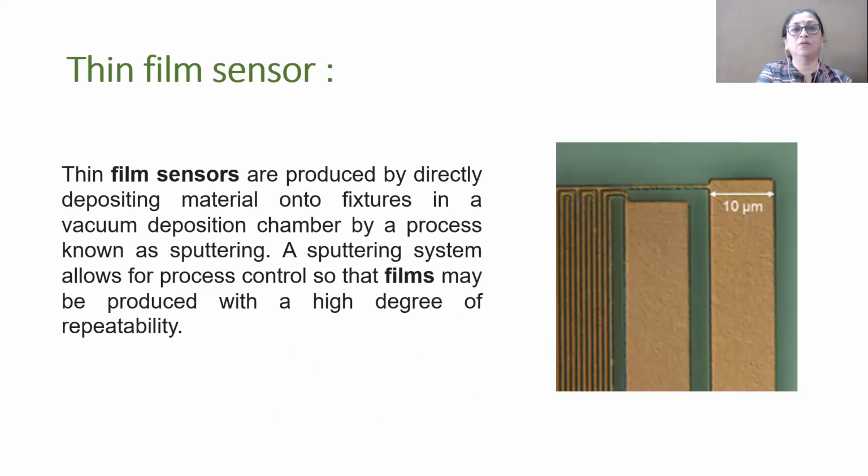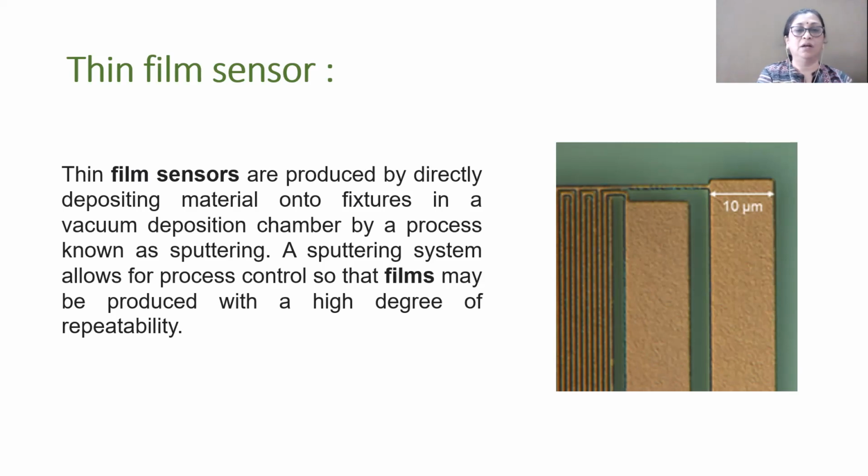Okay, so now we are going to the next point of your syllabus, and that is thin film sensor, as you can see in the diagram. These type of sensors are produced by directly depositing material.